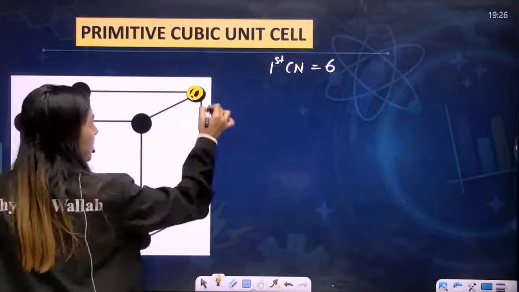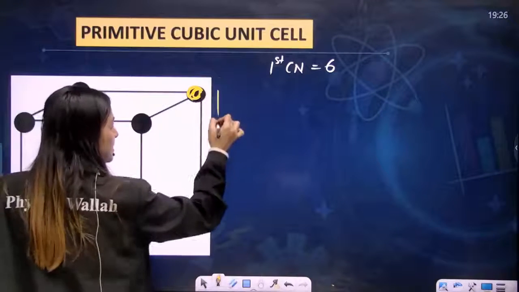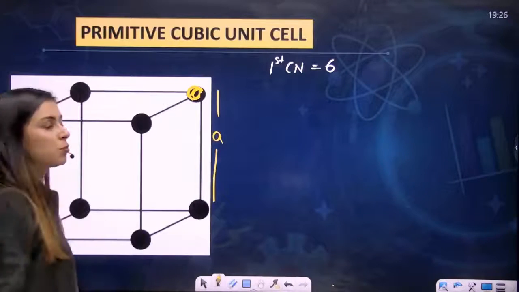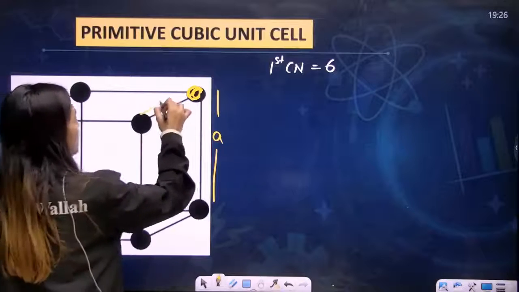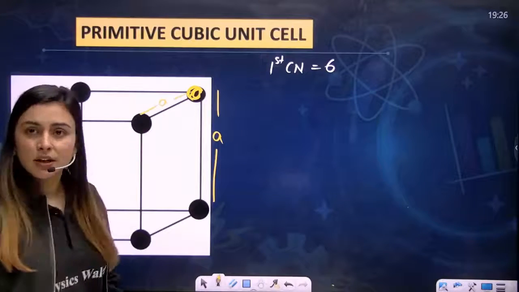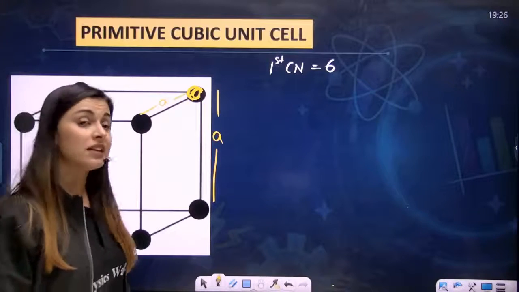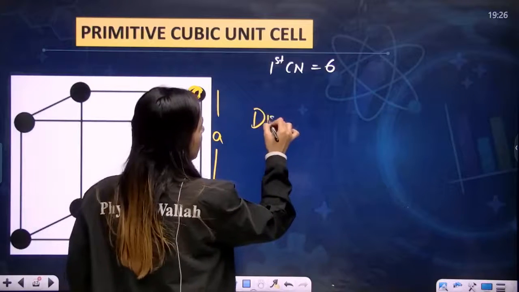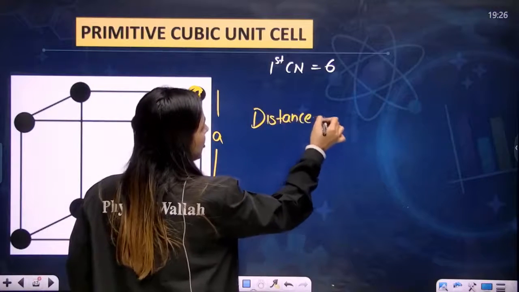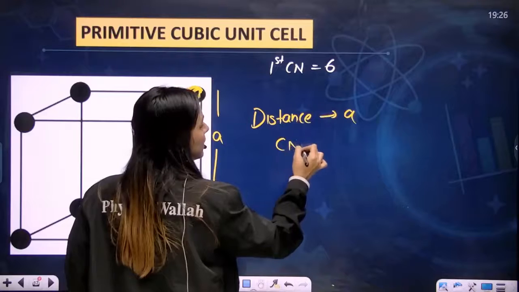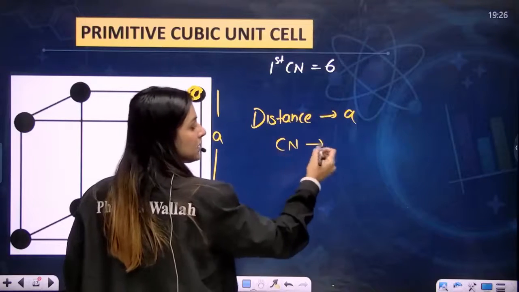So the minimum distance would be a, because these both will touch each other, right? Yes. So can I say that the distance is a? So what will be the coordination number? Any multiple of a is 6.